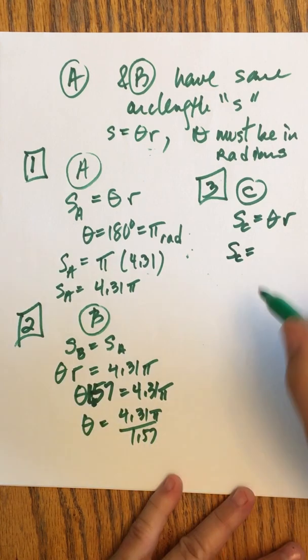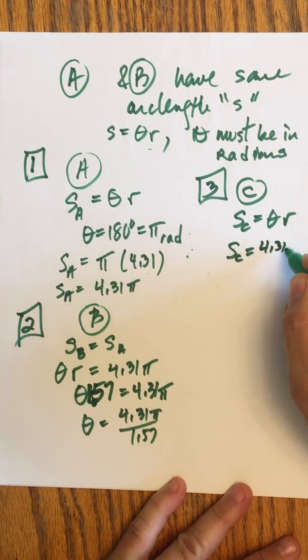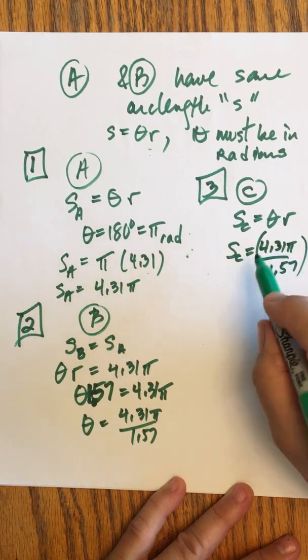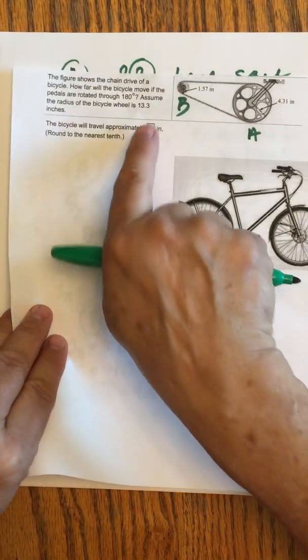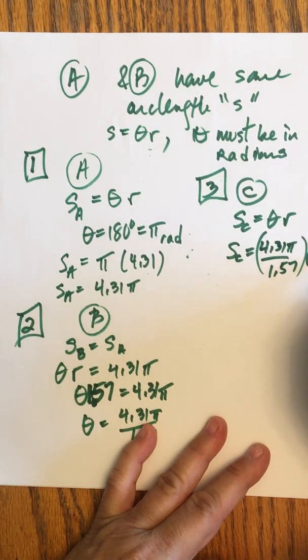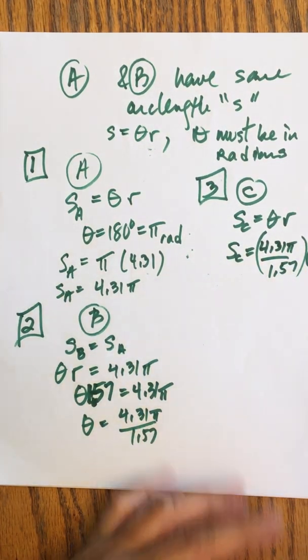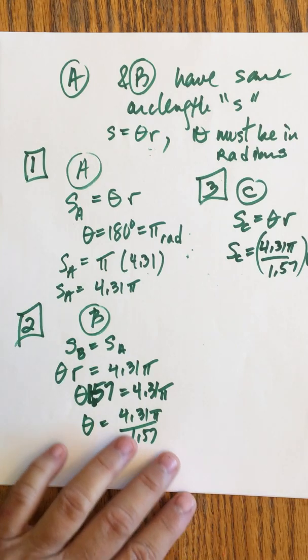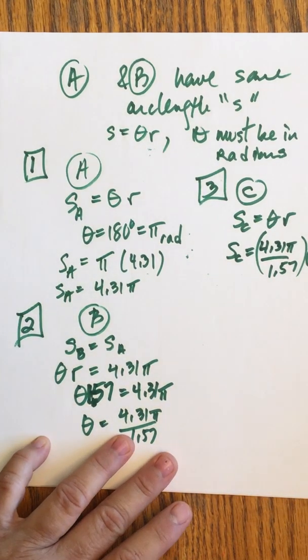The rotation is right here, 4.31 pi over 1.57 times its radius, and they told us that's 13.3 inches.